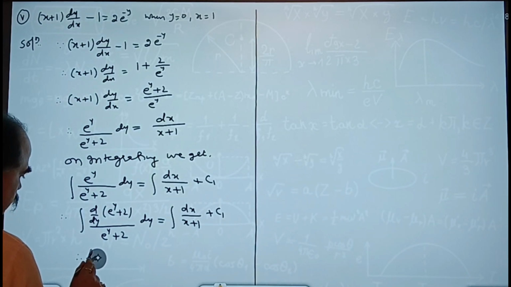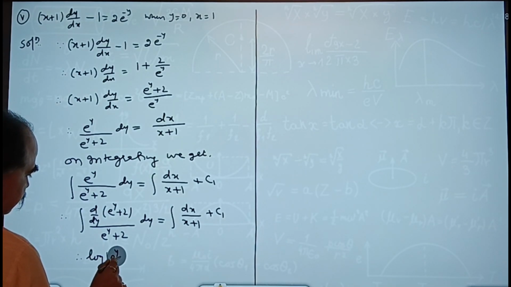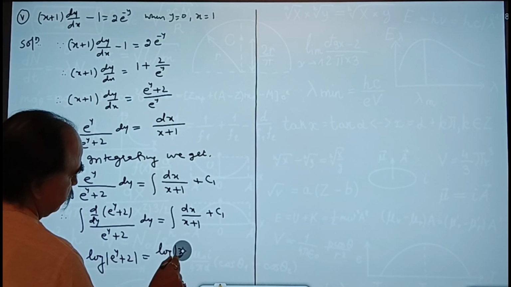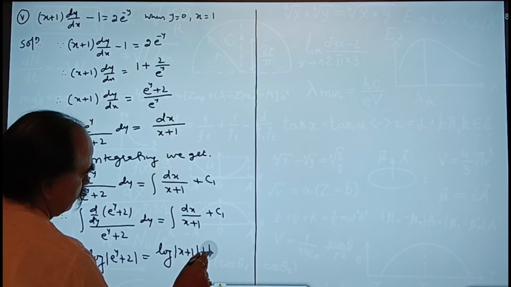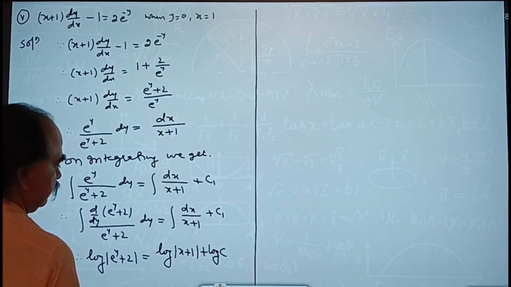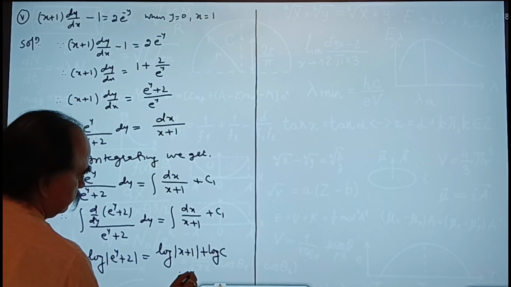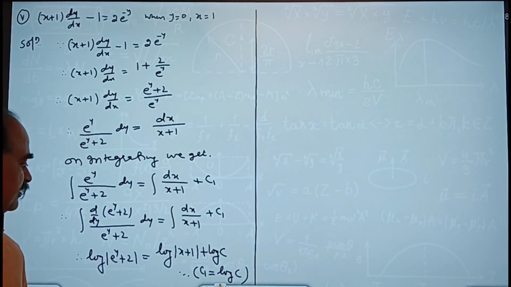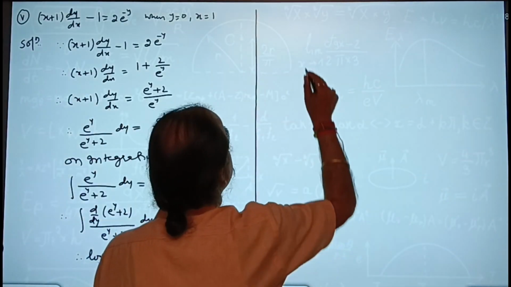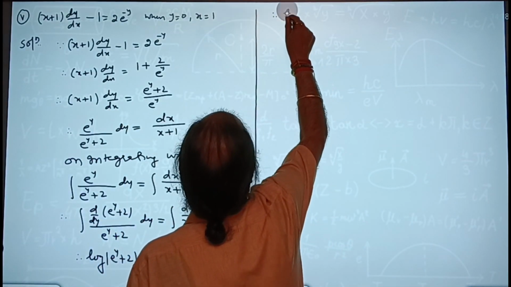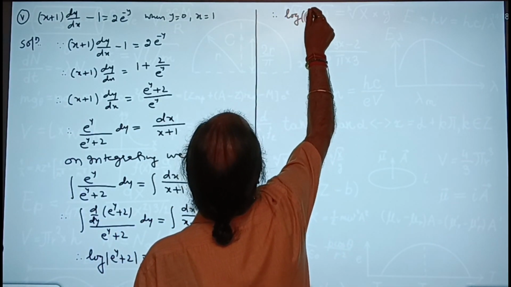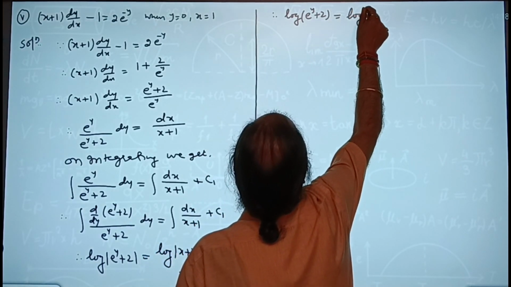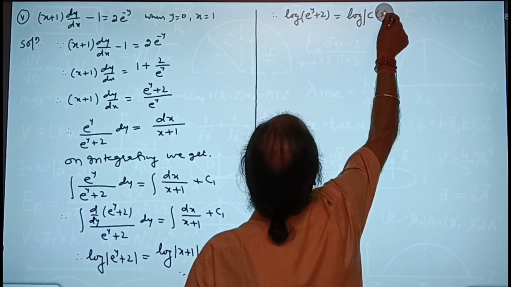This is log of e raised to y plus 2 is equal to log of x plus 1 plus log c. C1 is equal to log c, is constant. Therefore, log of c into x plus 1.